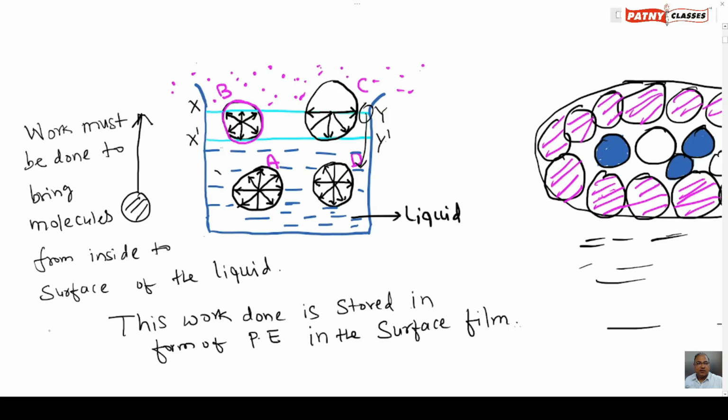To bring them from inside to the top surface of the liquid, some work has to be done. This work done is stored in the form of potential energy in the surface film.